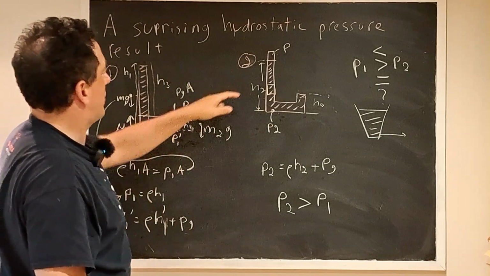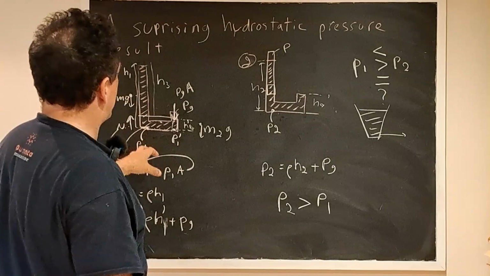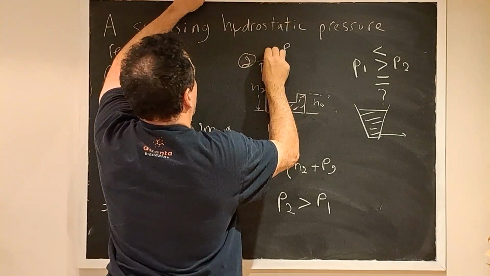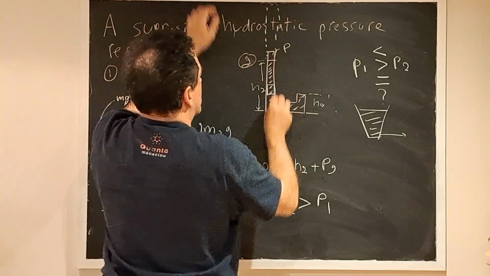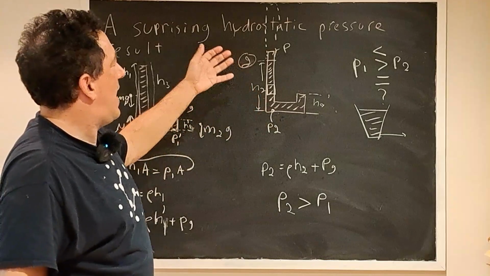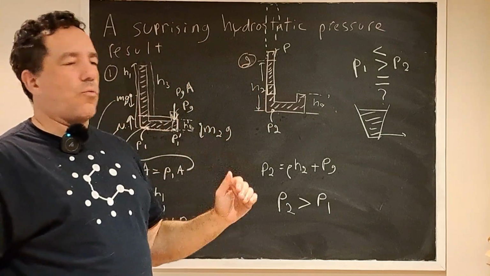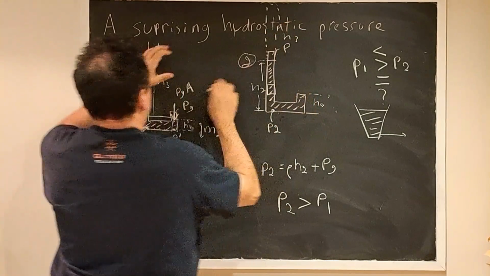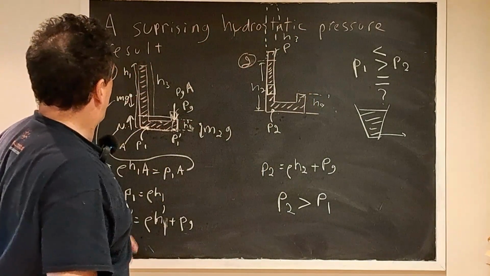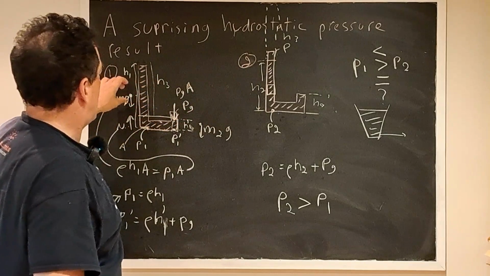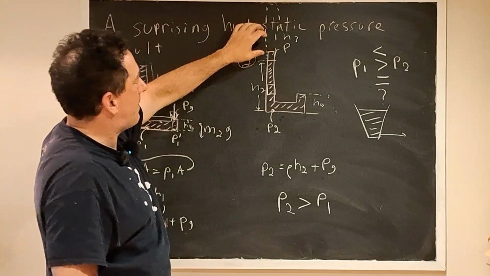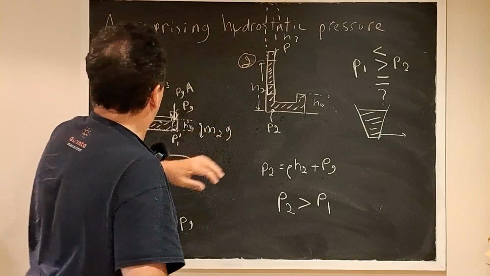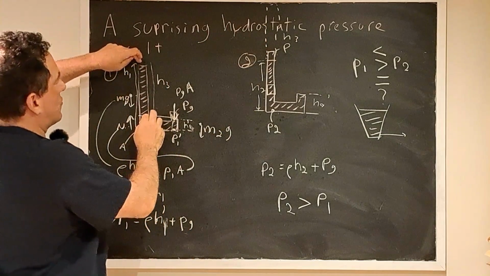So when you get here, you have exactly the same situation you would have as if you would add H3 over here. The pressure here has the same effect as the water column of height H3. And of course, if we add that, we see that the pressure here will be much larger than the pressure here because of this. We can replace this volume of gas with the water column of height H3.